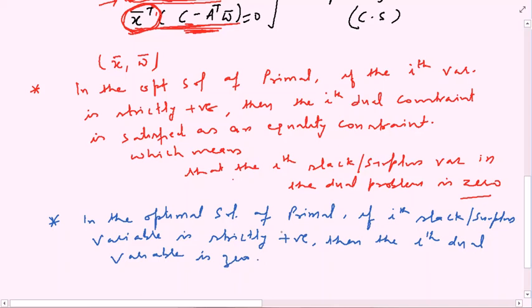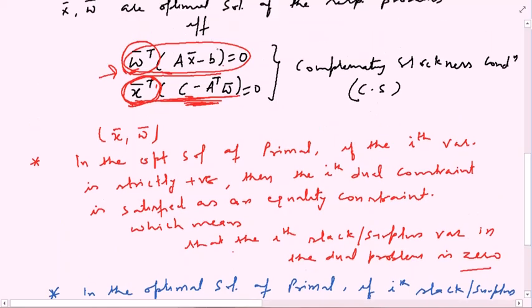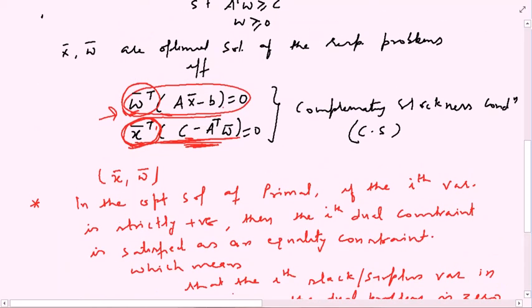So we can understand from here that if this is strictly positive, then this has to be 0. Or if this component is strictly positive, then one of the components here will assume the value 0.